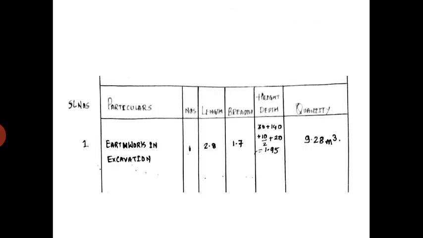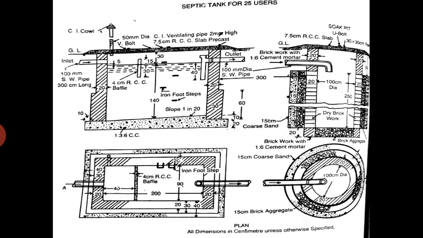So the first one is earthwork excavation. In that earthwork excavation, the length will be 2.8. How has this 2.8 been calculated?